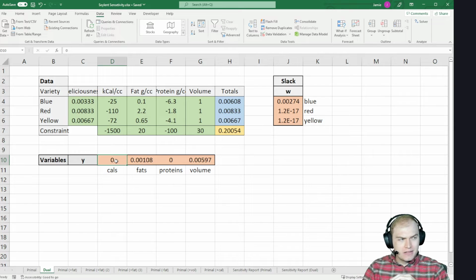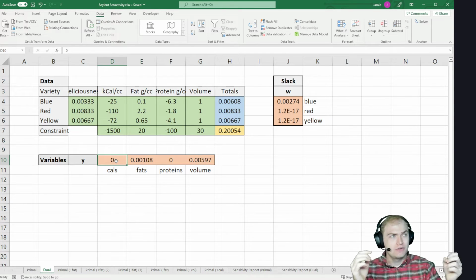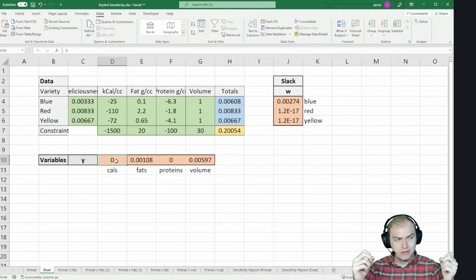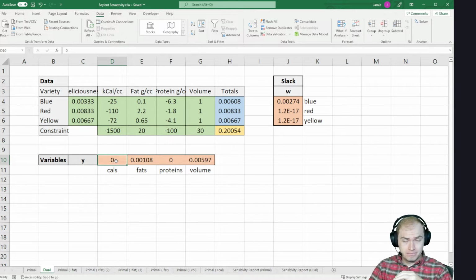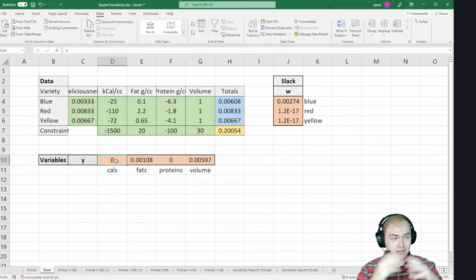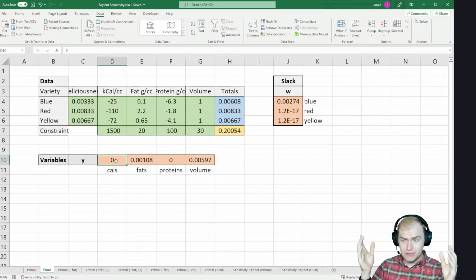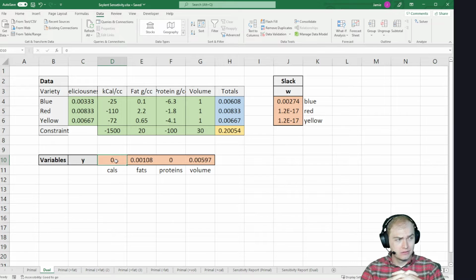And that indicates that we're not actually tight to our calorie constraint. So changing the amount of calories that we have to play with may not, or it doesn't, change the basis.